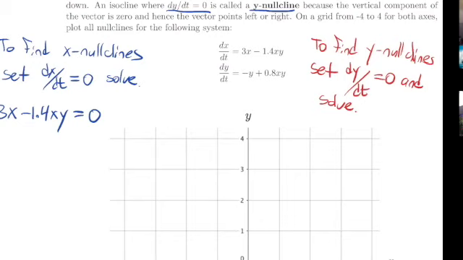And so how could we solve that equation? Any thoughts on how we could solve that equation?